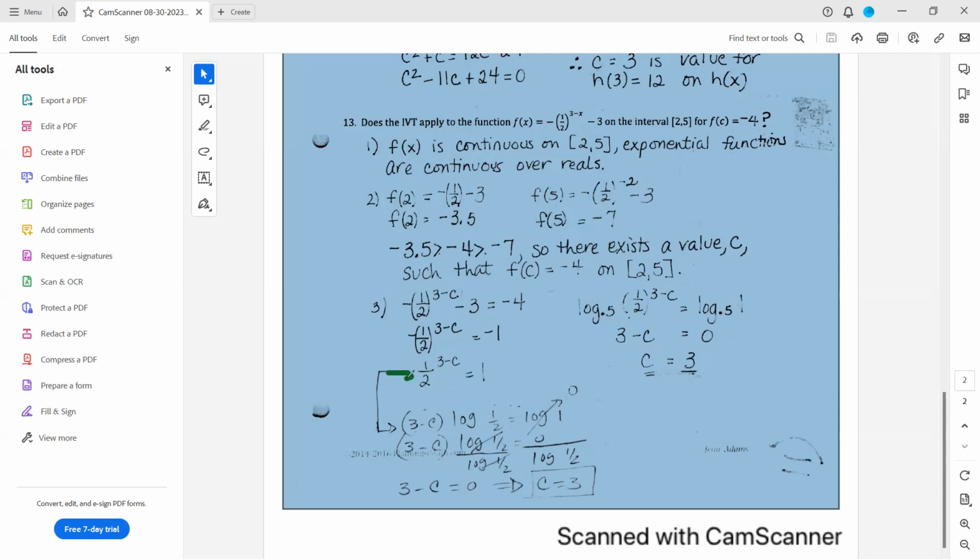Okay. She starts from there. Got it. She checked it from there. Okay. I would have checked it from here, from the top. Oh, I see. She started from there, but she needed a log to get this exponent down. Okay, so that's why she used the log.